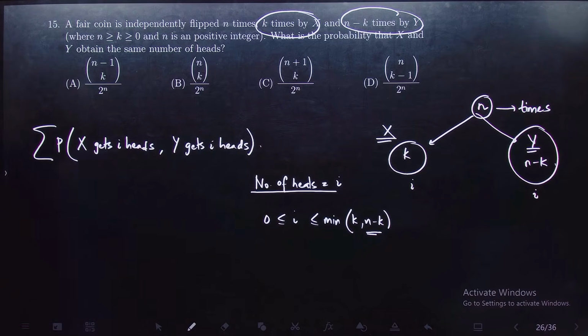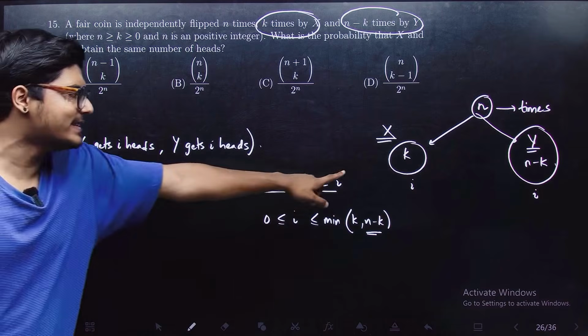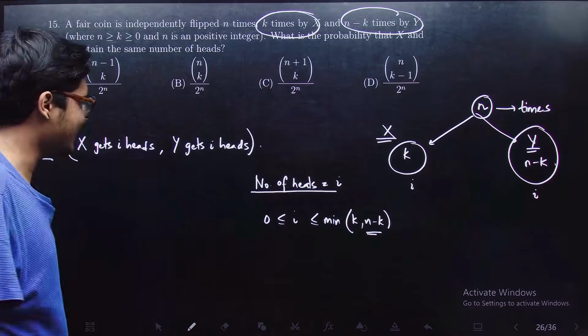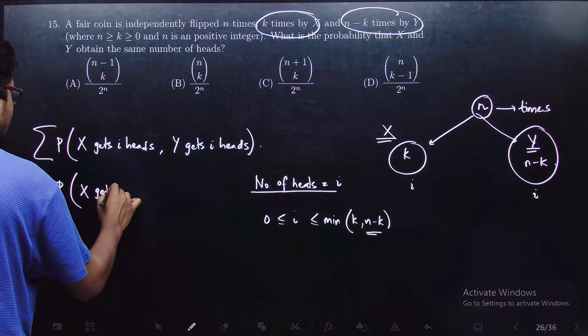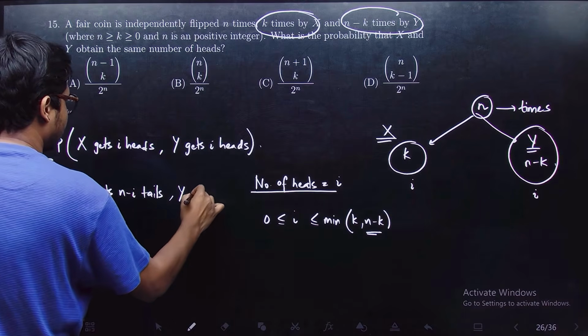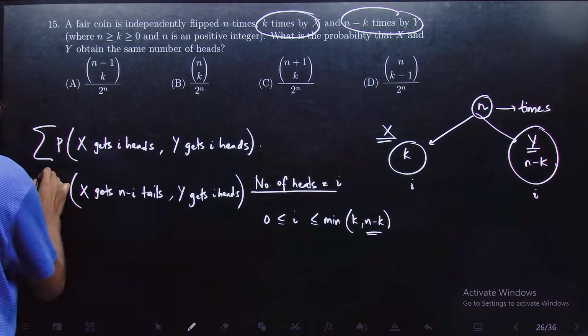So you need to find the probability. Now see, if x is getting I heads, then x is going to get k minus I tails, right? Out of the k tosses, if it's getting I heads, then k minus I have to be tails, right? So this is the same as the probability x gets k minus I tails. Now the key step is here.